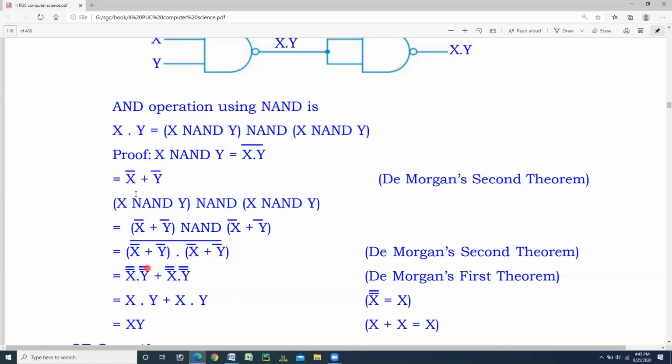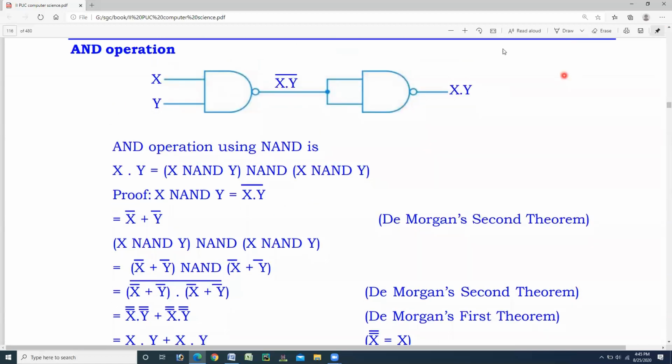It means if X and Y are the two inputs given for the NAND gate, then the output we will get is X dot Y, the product of these two inputs. It means using NAND gates, we have shown that the NAND gate works like an AND gate.